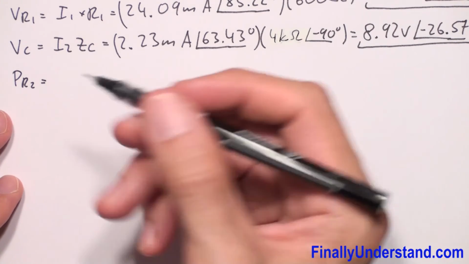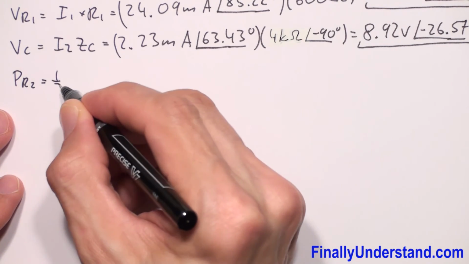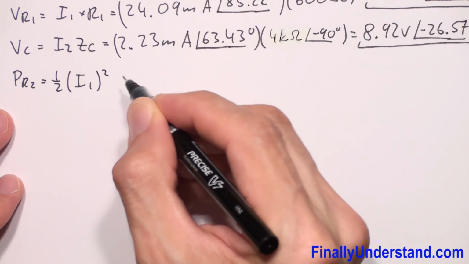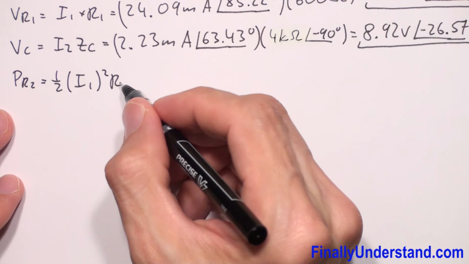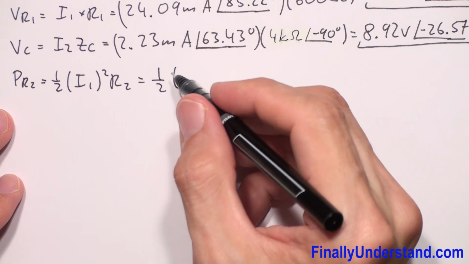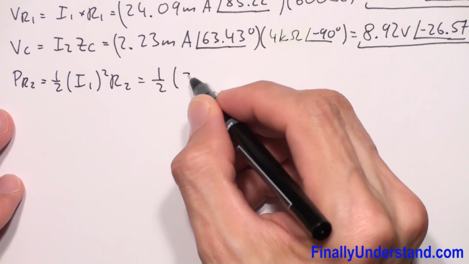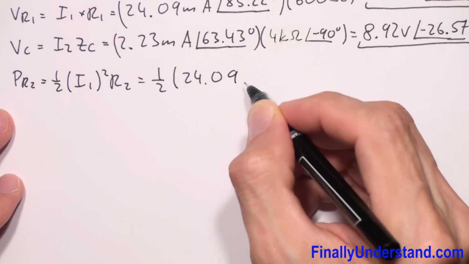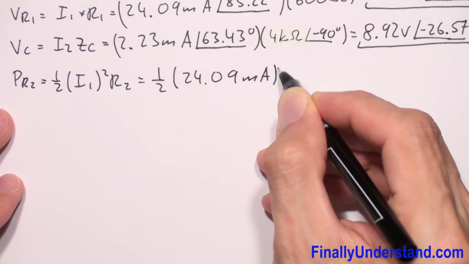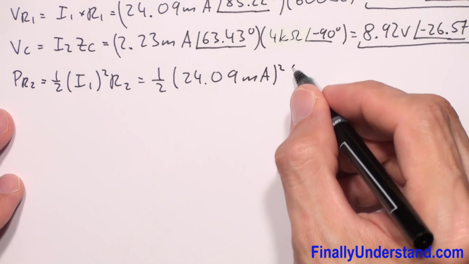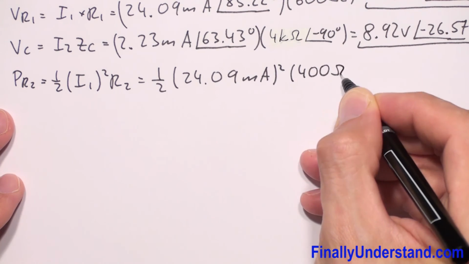So this is 1/2 times I1 to the second power times R2, where I1 was equal to 24.09 milliamps, and R2 is 400 ohms.